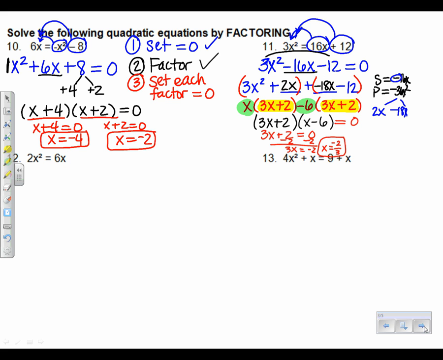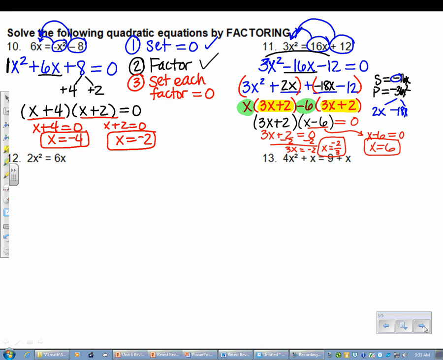And I set the other factor, x minus 6, equal to 0. And I get x equals positive 6. There's my other answer. Notice that when it says solve the quadratic equations by factoring, my answers are not factors, they are x values, two x values that when I plug them back in would make those quadratic equations true.